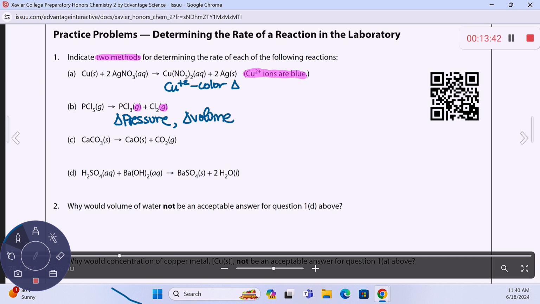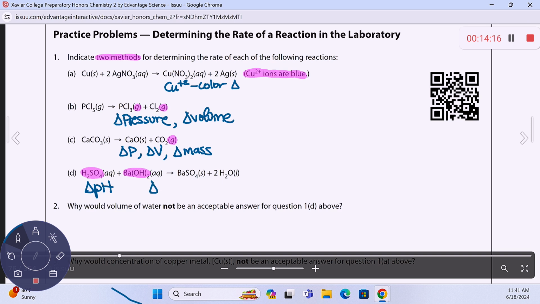How about C? Also pressure. I'm producing a gas. I didn't have a gas to begin with. So yeah, you could measure the change in pressure, the change in volume, and you could also measure the change in mass if you did this in an open container, okay? For D, I've got sulfuric acid and barium hydroxide. Yeah, you could measure the change in pH over time.